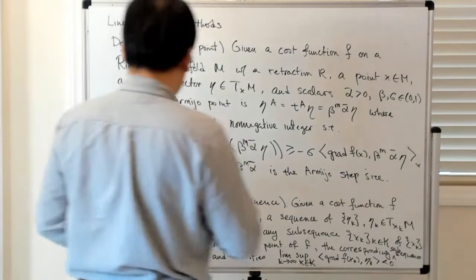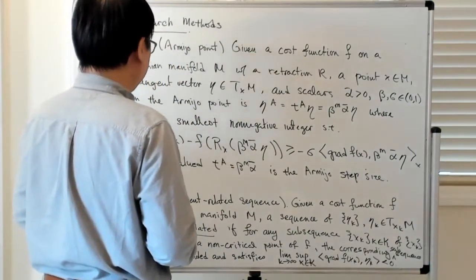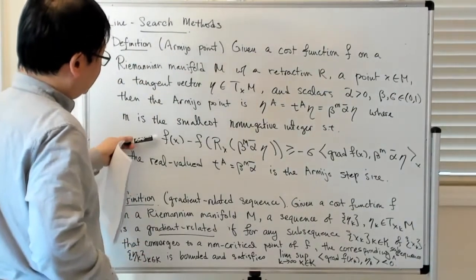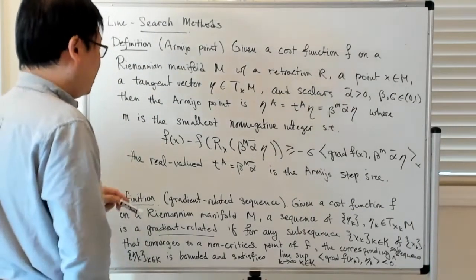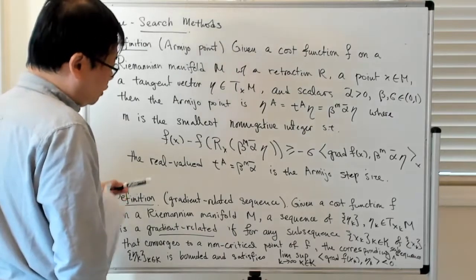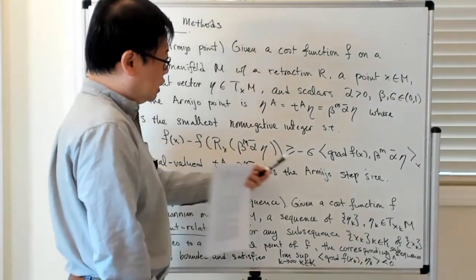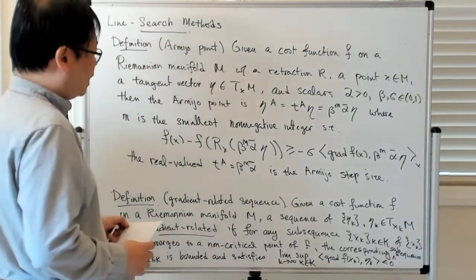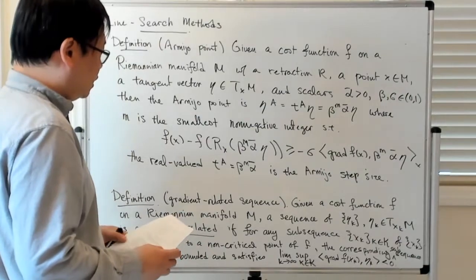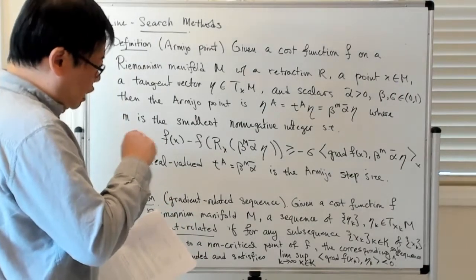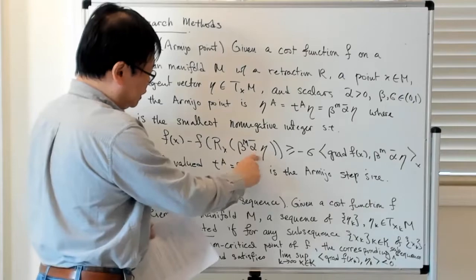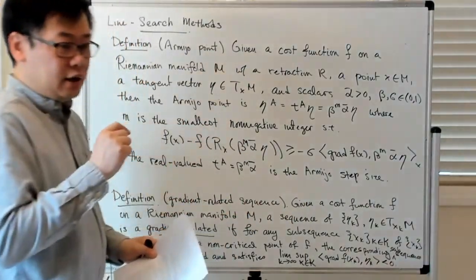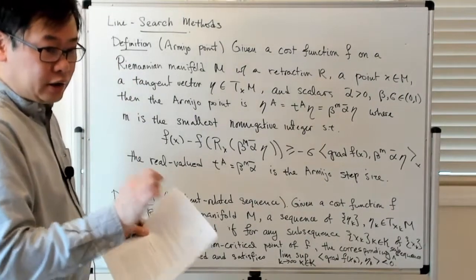Another possibility with line search methods, which is mentioned in the book, is that instead of this Armijo line search type method, it is perhaps possible to do what are called exact line searches. What one means by that is that you look along the curve defined by this retraction in the search direction, and you evaluate the function along that curve.